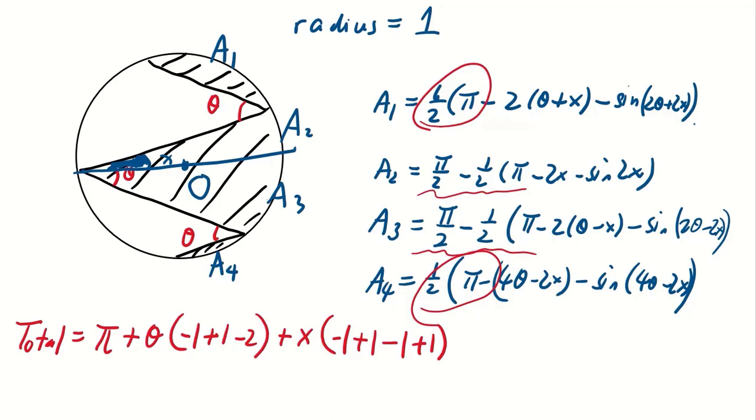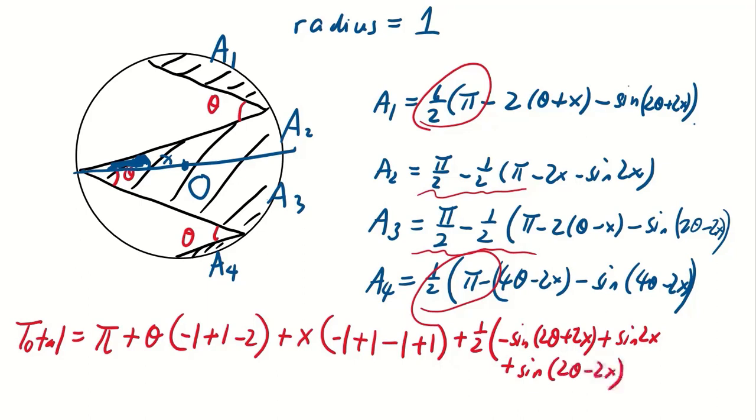And finally, we have the sine of the angle in A1, A2, A3, and A4. Let us combine them here. So we have half negative sine 2 theta plus 2x. From A2, that is a positive half sine 2x. And from A3, it is also positive sine 2 theta minus 2x. And from A4, it is a negative sine 4 theta minus 2x.